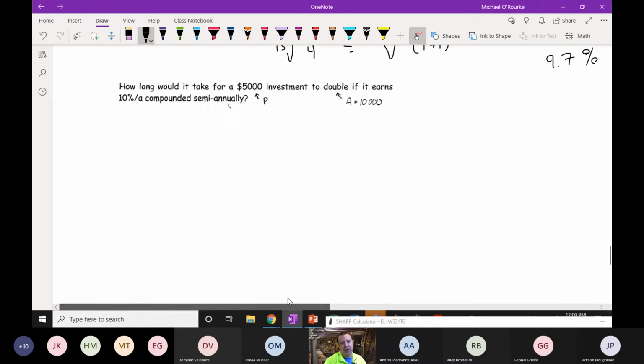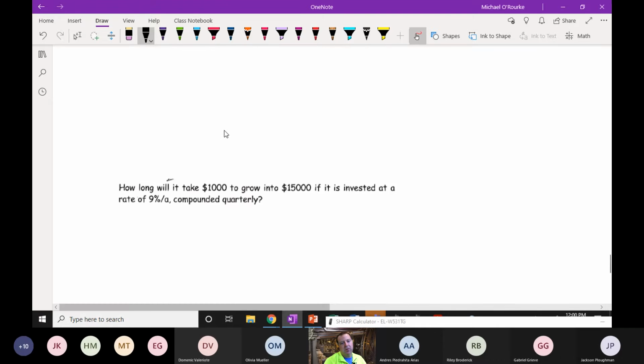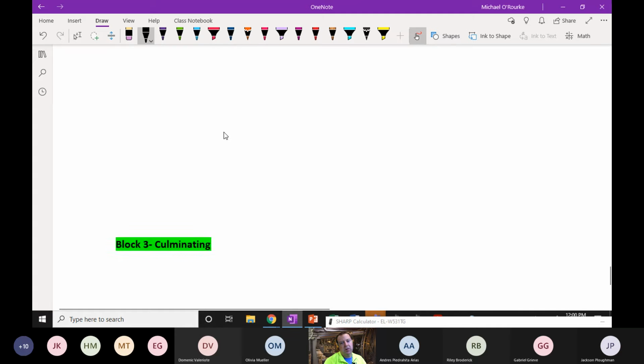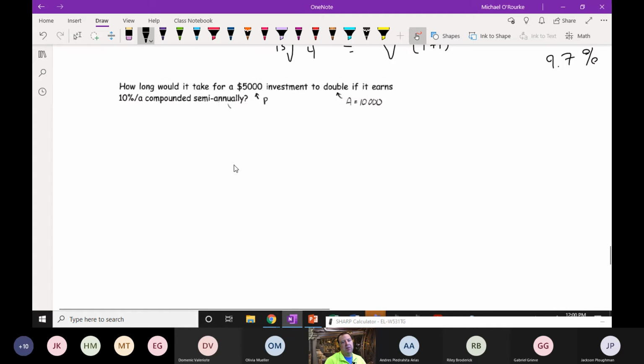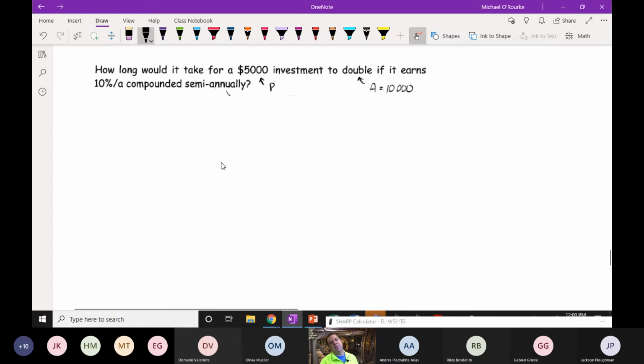What's this question asking for now? Here's the "how long it'll take" questions. So let's write down everything we know here again. How long would it take for an investment of 5,000 to double?